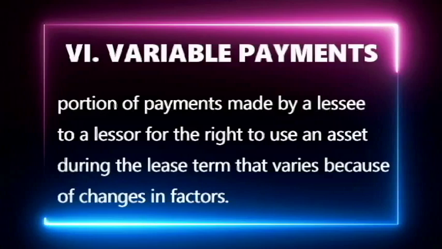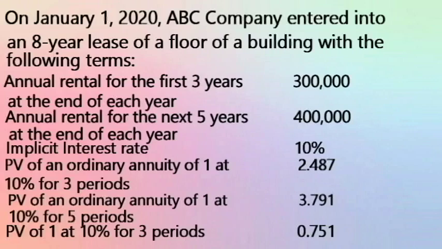For example, on January 1, 2020, an entity entered into an 8-year lease of a floor of a building with the following terms. Annual rental for the first 3 years, payable at the end of each year, 300,000. Annual rental for the next 5 years, payable at the end of each year, 400,000. Implicit interest rate, 10%.